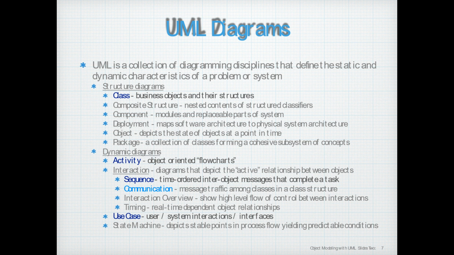UML diagram. UML stands for Unified Modeling Language. UML actually is a collection of diagrams that define the static and dynamic characteristics of a program or system.